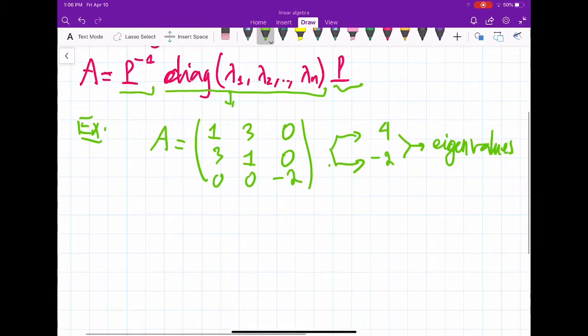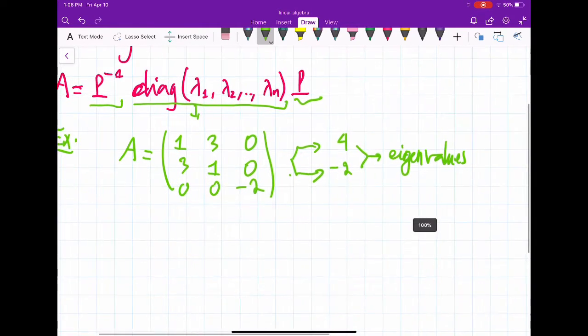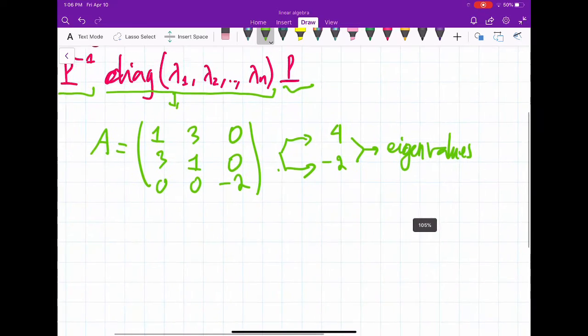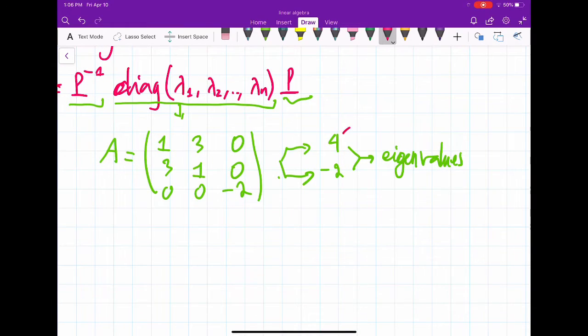And we also found eigenvectors corresponding to these eigenvalues. Say for 4, I have 1, 1, 0. But for negative 2, I have 1, negative 1, 0, and 0, 0, 1.